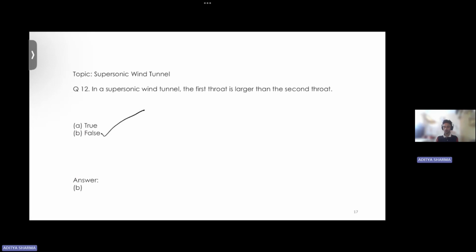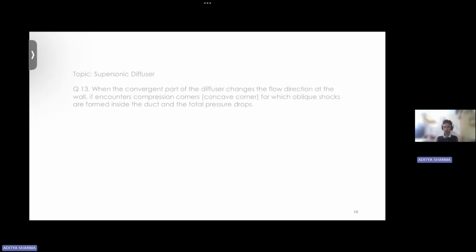Okay, then the next question. The next question is on the supersonic diffuser, all right? The question says that when the convergent part of the diffuser changes the flow direction at the wall, right?